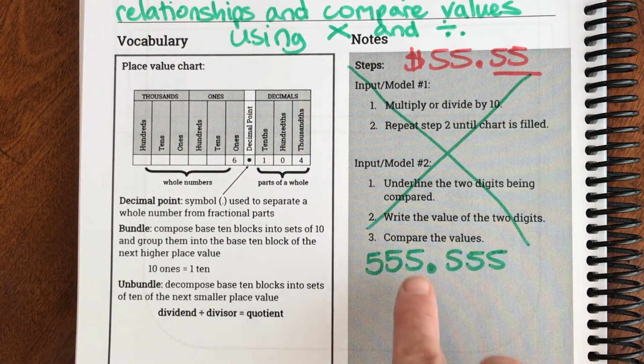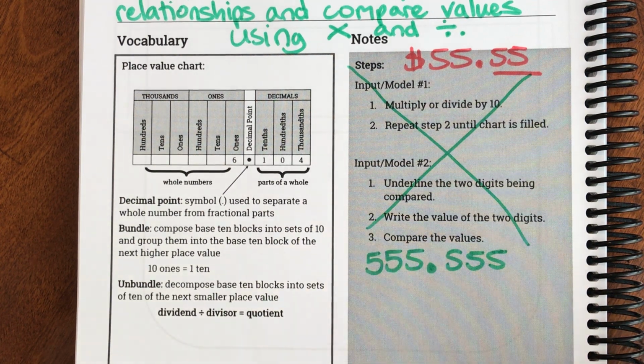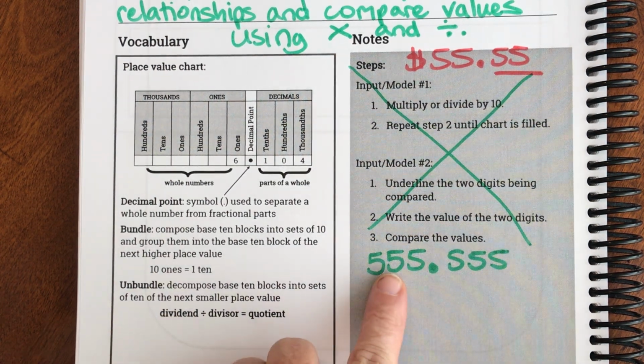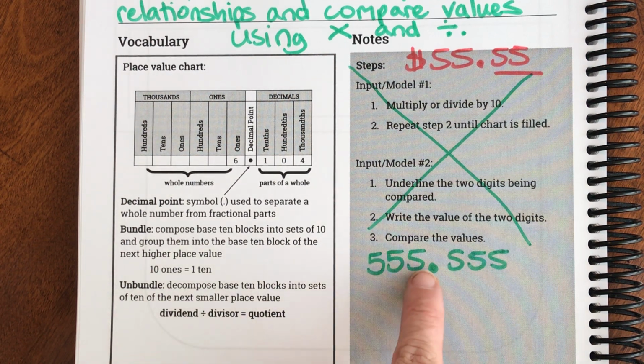I probably think this would be the best choice because this 5 is in the hundreds place value. So the value of that 5 is 500. The value of this 5, because it's in the tens place, is 5 tens, which is 50. This 5, which is in the ones, would be 5 ones, which is 5.